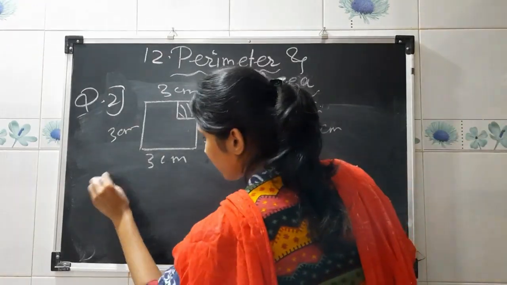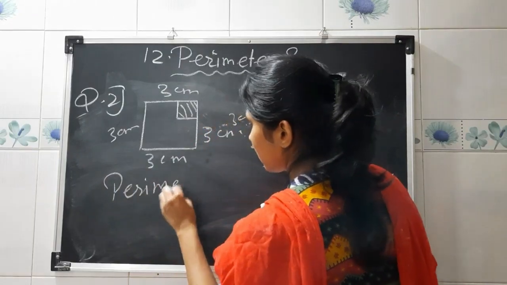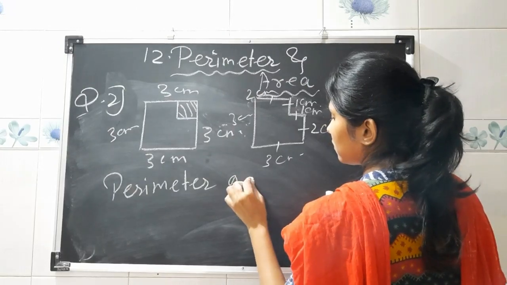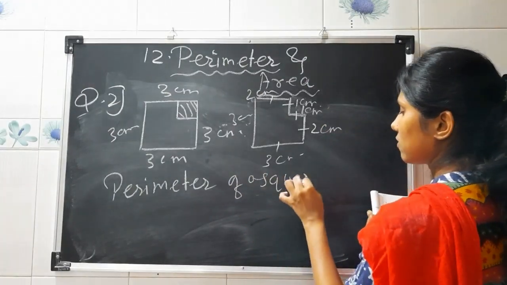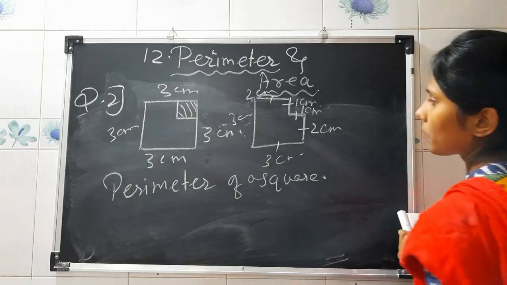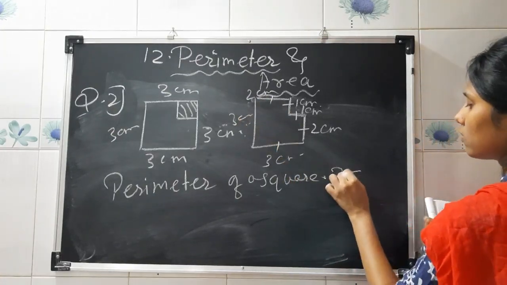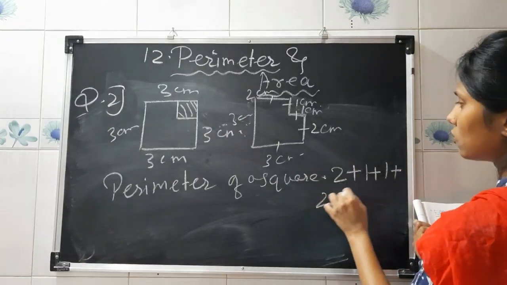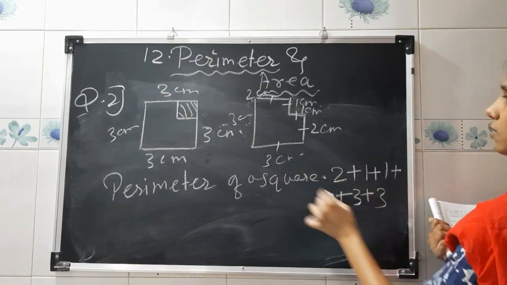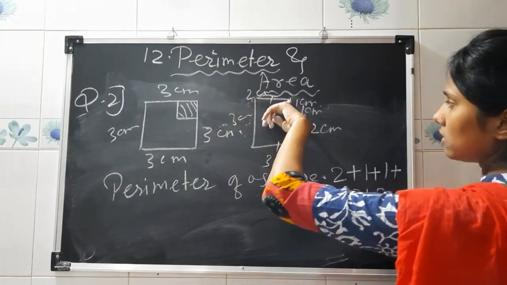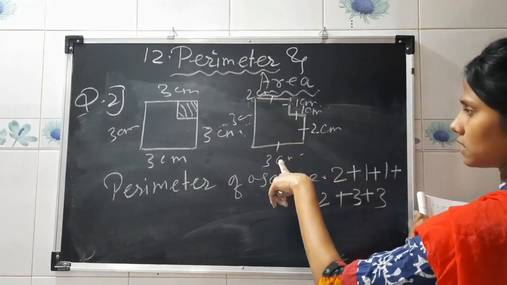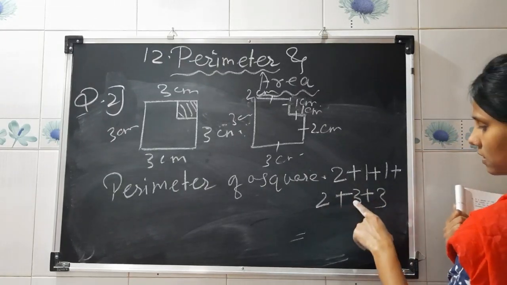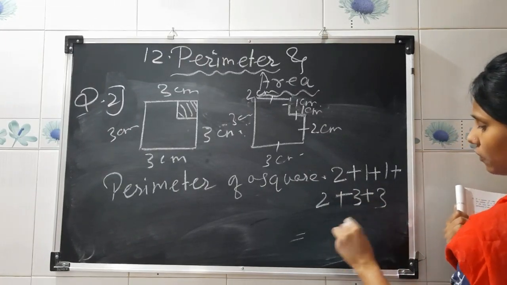Therefore, perimeter of the shape is equal to 2 plus 1 plus 1 plus 2 plus 3 plus 3. 2 plus 1, 3, 4, 5, 6, 7, 8, 9, 10, 11, 12.